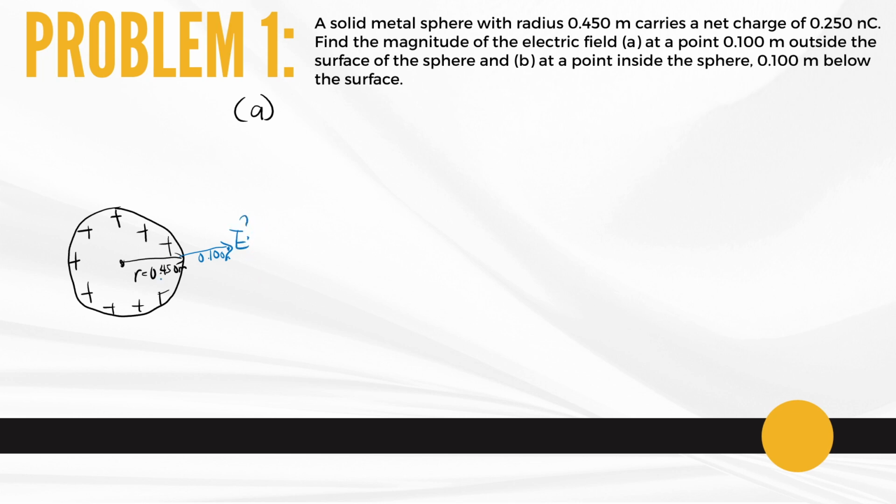Let me name my total distance capital R, equal to 0.450 plus 0.100, so 0.550 meters.